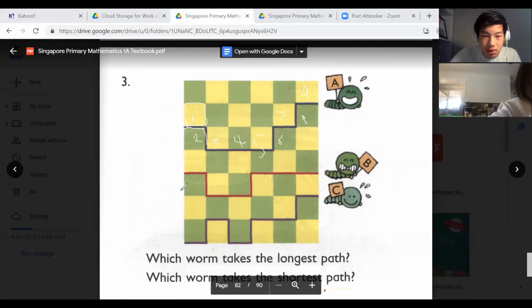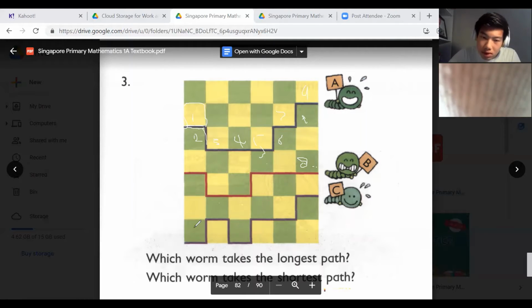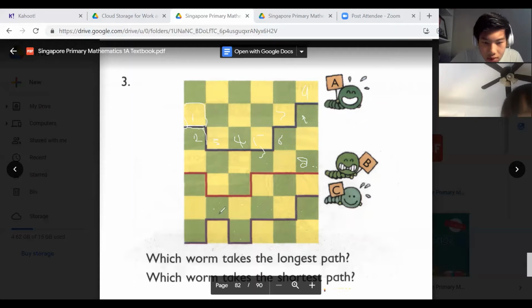Then if we go to the red line, we have 1, 2, 3, 4, 5, 6, 7, and 8. The red line has 8. Then finally, I think this purple line has 1, 2, 3, I think 4, the one going down, the C. Yeah, C. Actually, wait, let me check. 1, 2, 3, 4, 5, 6, 7, 8, 9, 10.